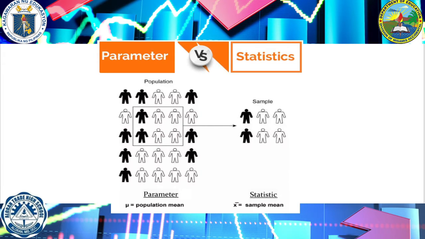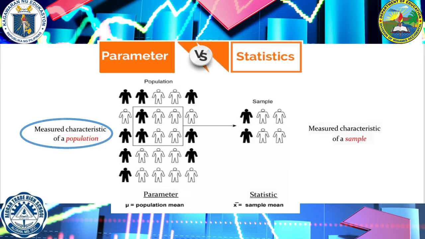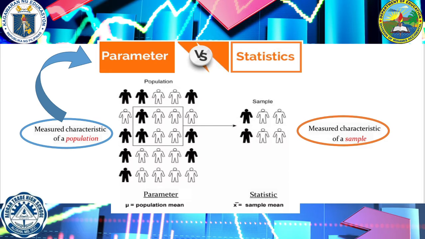We have here a population, and we knew from our previous lesson that a sample is a subset of a population. So we take a portion of the population and consider them as our sample to be observed. Now, the measured characteristic of a population is called a parameter, while the measured characteristic of a sample is called a statistic.